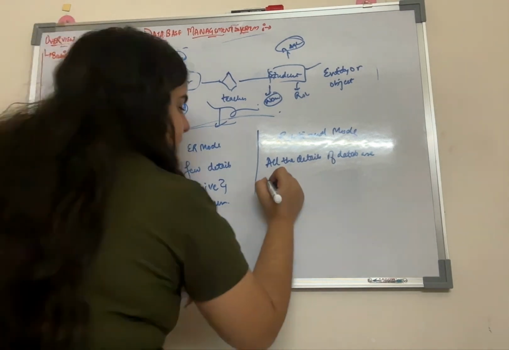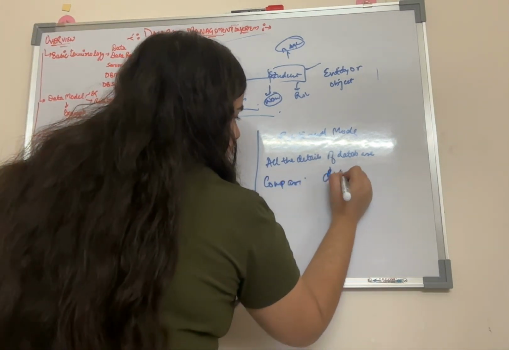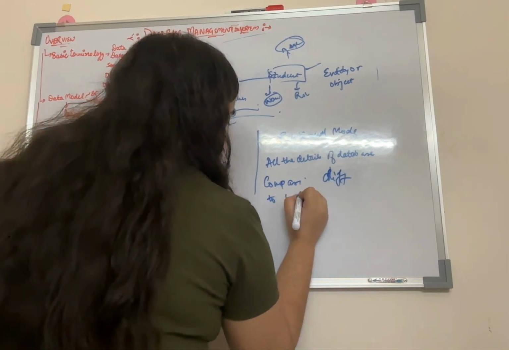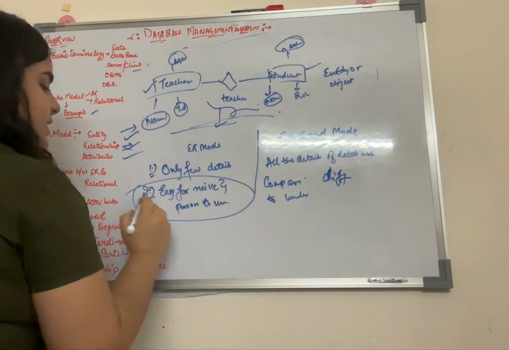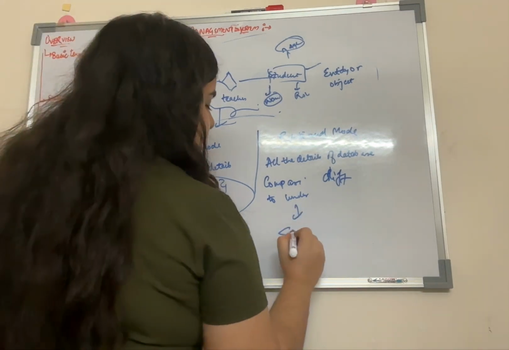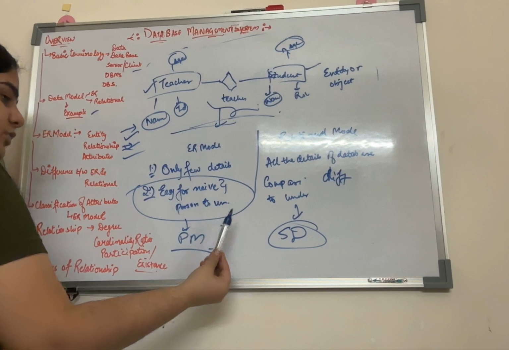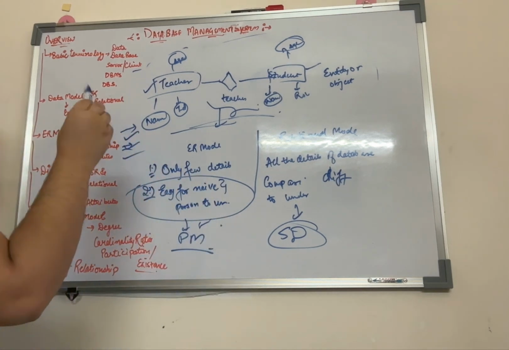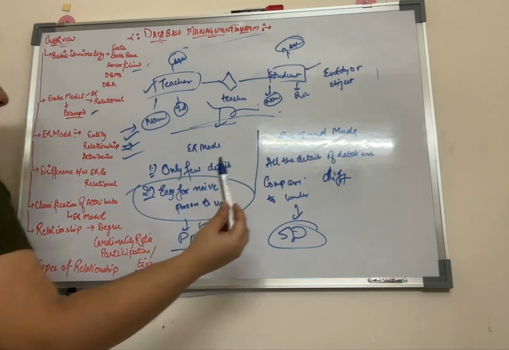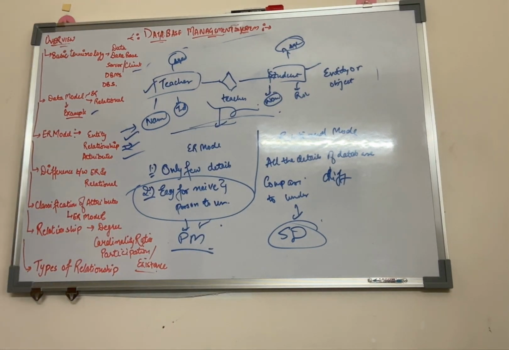Now the relational model is comparatively difficult to understand. So the ER model will make more sense for a product manager, and the relational model will make more sense to a software developer. Keep that in mind. The ER model is mostly used to interpret what is there in the database, and the relational model is everything that's there in the database. So now this is done.